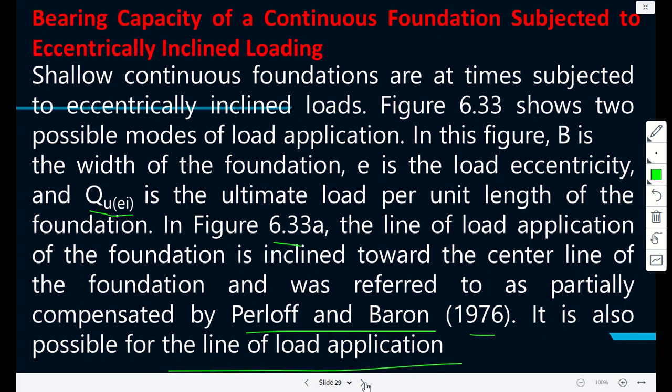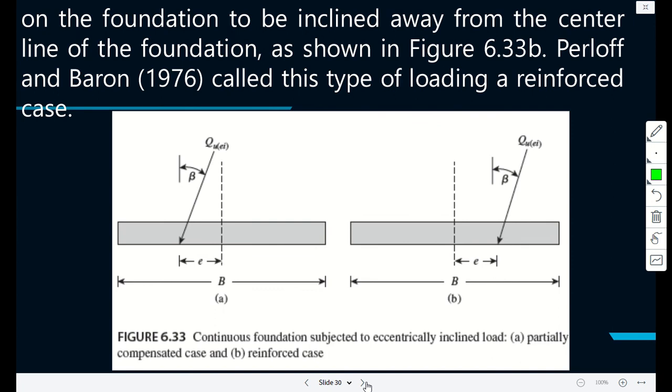Just to widen your scope a little bit, it's not necessary that all the time we'll have only vertical load. On a strip foundation, we can have a load that is inclined at some eccentricity. It's also possible for it to be inclined away from the center line.